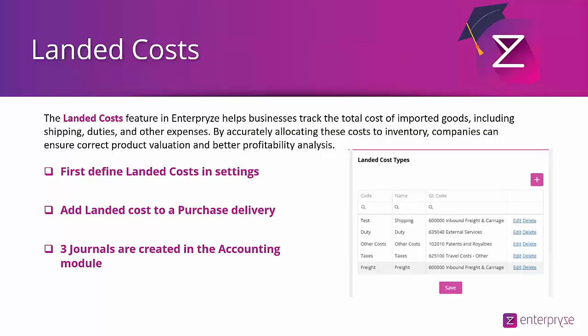So it effectively moves the value in and out of an account to take it out of your stock account, and then moves it into the landed costs, to ultimately recognize it in the full landed costs GL account. That's what the three journals are doing.